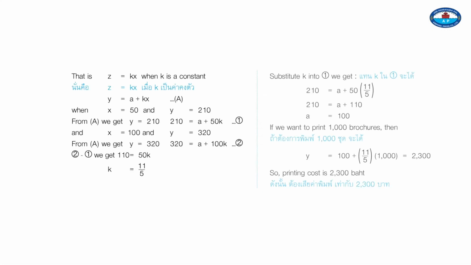Substitute K into 1, we get 210 equals A plus 50 times 11 over 5. 210 equals A plus 110, A equals 100. If we want to print 1,000 brochures, then Y equals 100 plus 11 over 5 times 1,000 equals 2,300. So printing cost is 2,300 baht.